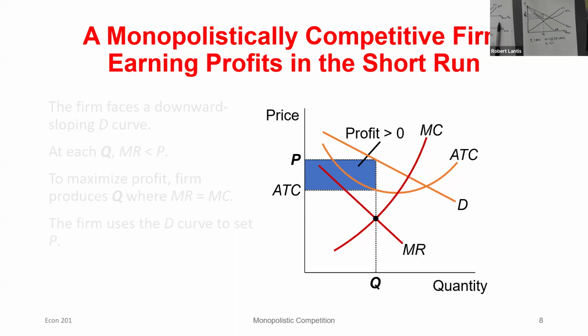Now, under this scenario, what should firms do? If we have free entry and exit, if there's positive profits, just like a perfectly competitive market, firms should enter that market, okay? So if firms enter, what's going to happen, right? As firms enter, market demand doesn't change.